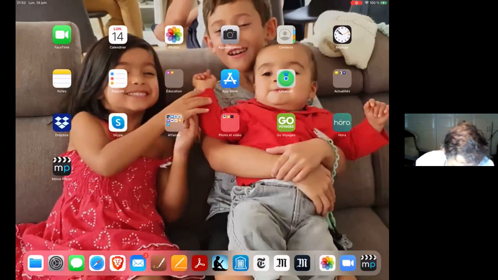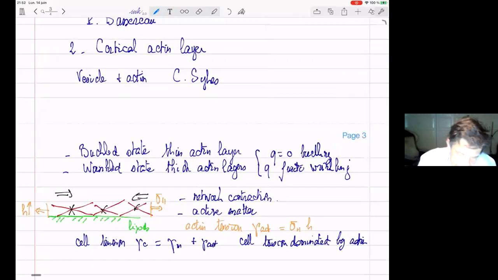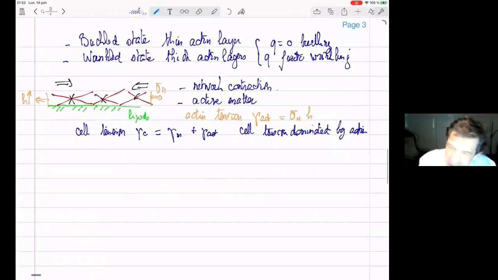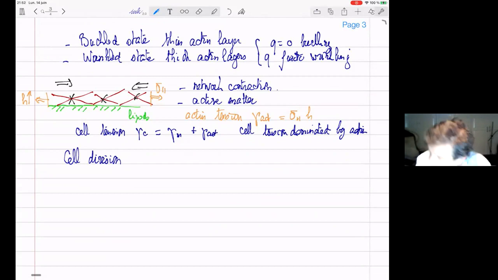Now I want to show you an application of this cell tension, which is related to cell division. When a cell divides, there is this process called mitosis, where it separates its chromosomes. So the chromosomes of the two daughter cells are well separated. This is called mitosis.